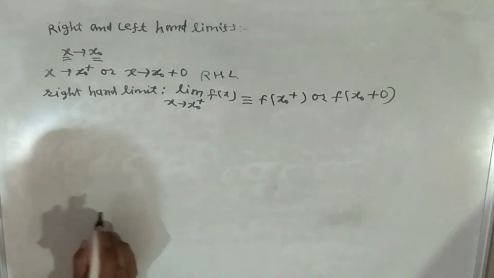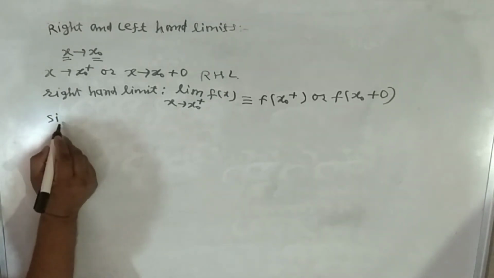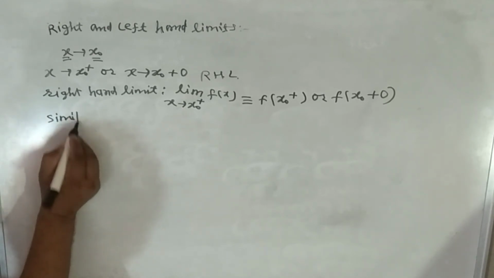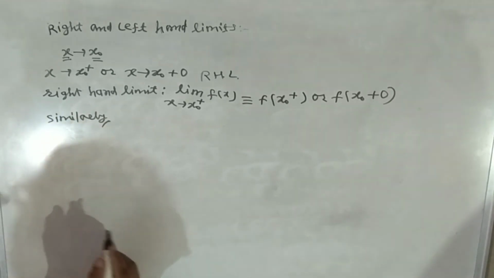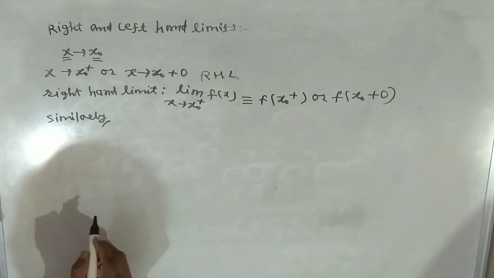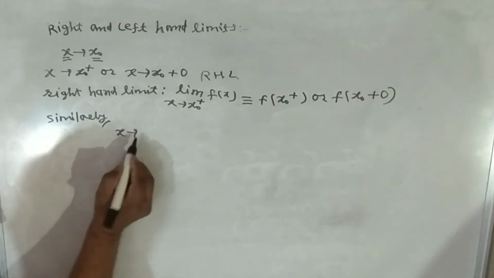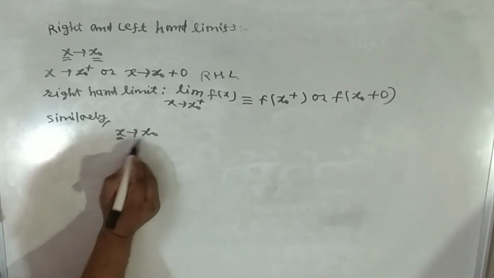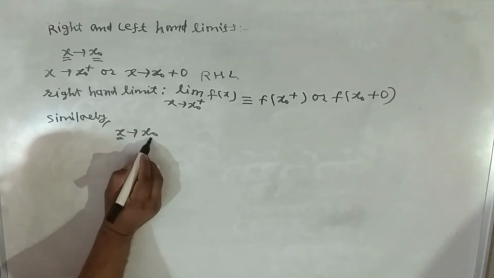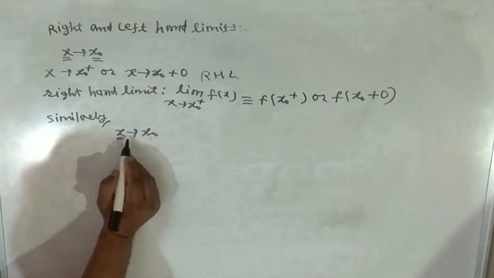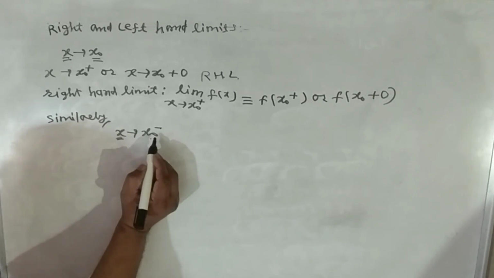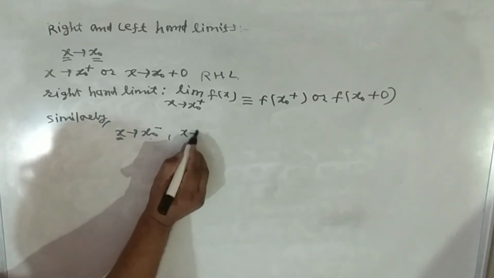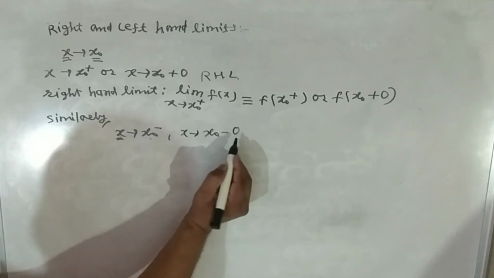Similarly, for left hand limit, when x takes smaller values than this x0, then x tends to this x0 from the left and is denoted by x tends to x0 minus, or x tends to x0 minus 0.